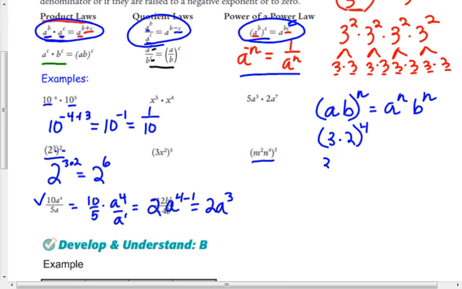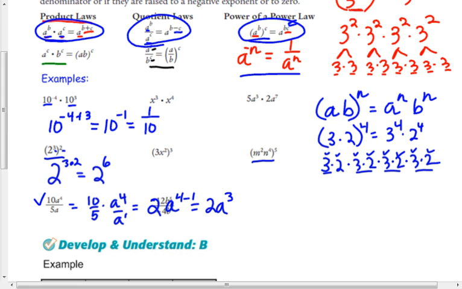Well, that's the same as 3 times 2 times 3 times 2 times 3 times 2 times 3 times 2, right? I need to do that base 4 times. Well, notice I have 1, 2, 3, 4 factors of 3. So 3 to the 4th. And I also have 4 factors of 2. 2 to the 4th. So that's how that one works.